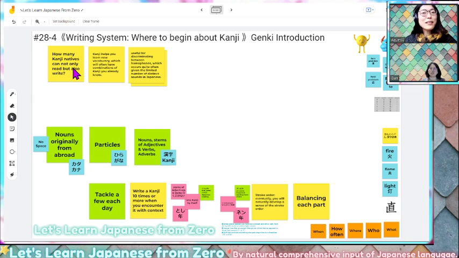By the way, do you know how many kanji Japanese natives can not only read but also write? Guess. About 100? Okay, let me change the question. How many Chinese characters can native Chinese speakers not only read but also write?